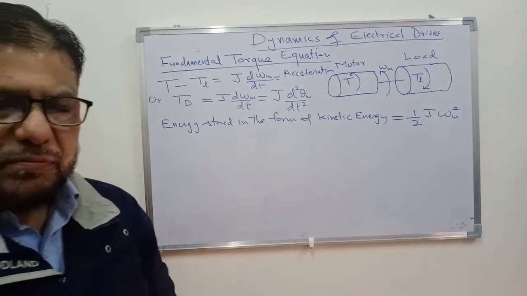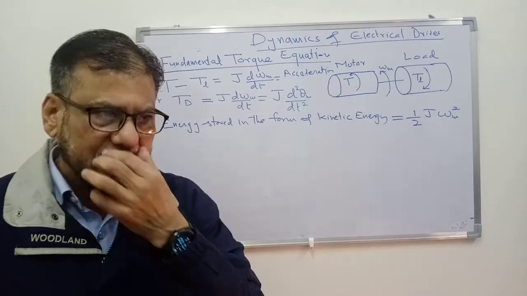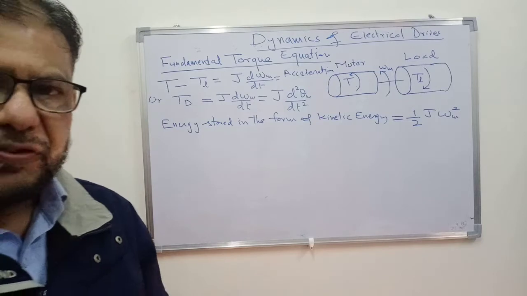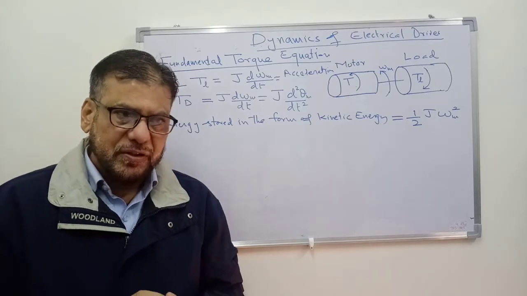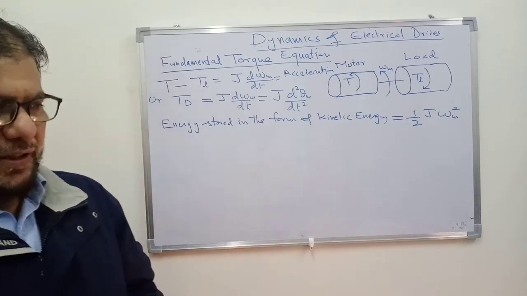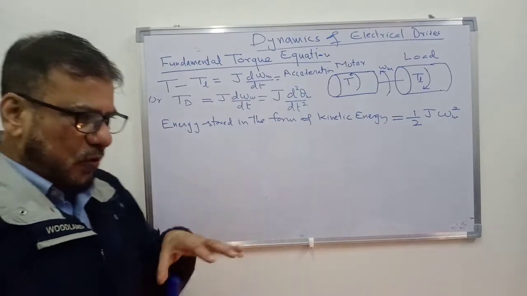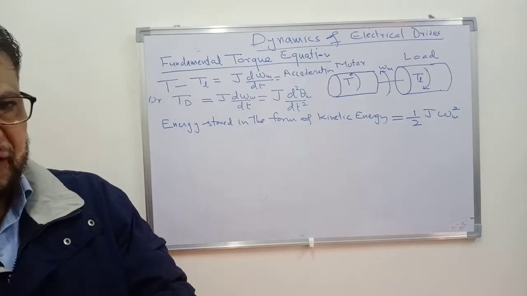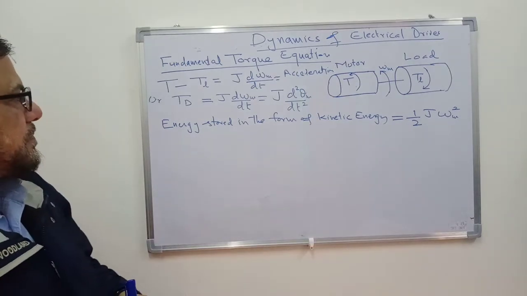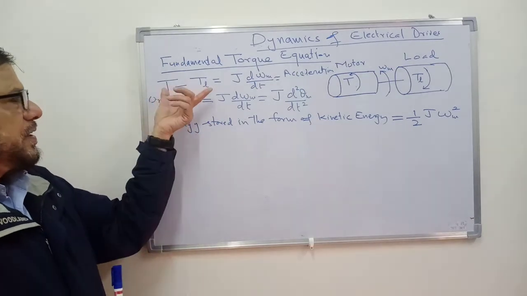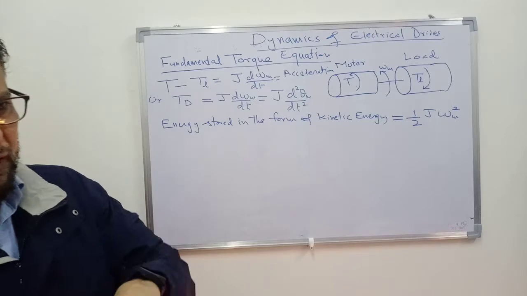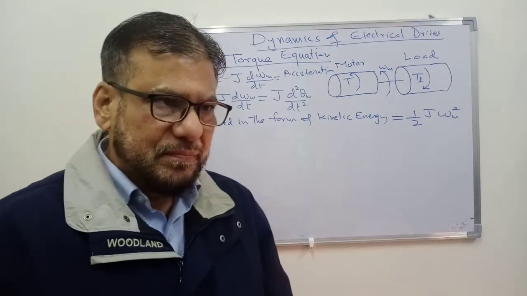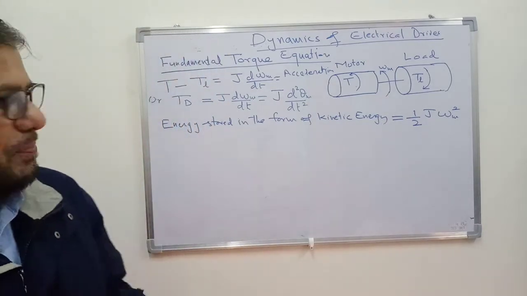You recall your knowledge of your 10th or 11th class, Newton's second law of motion, that says that the net force acting on a body is proportional to the acceleration of the body. So here also, in the case of rotational motion, the force is torque and the acceleration is the angular acceleration.